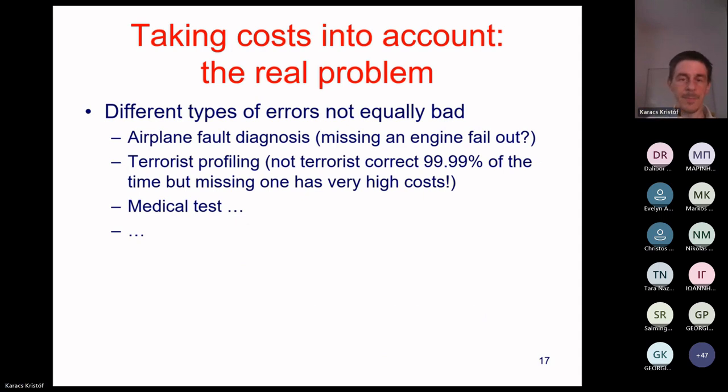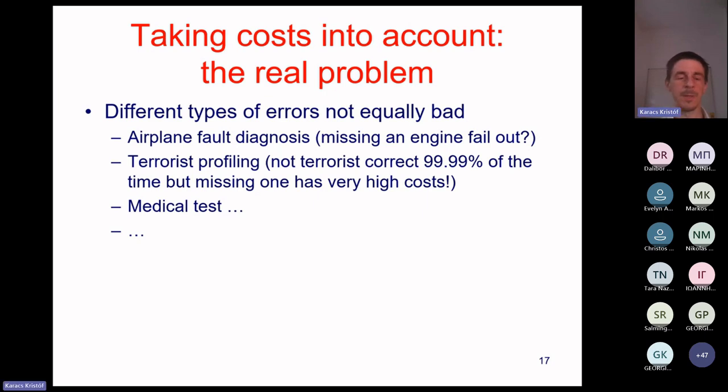So another aspect of evaluation is that we have a task where not all errors would constitute the same amount of problem, because they might not be equally bad.